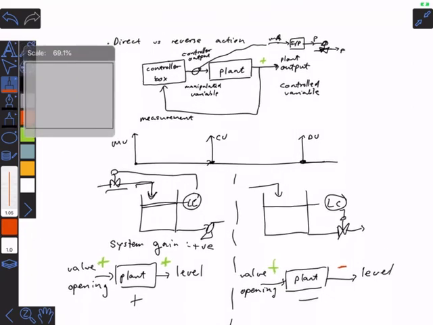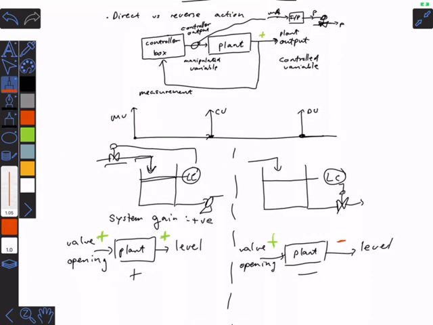And so now we have to ask ourselves, what would the controller action need to be in both of these cases? To understand the controller action, again, notice I haven't drawn a reference signal comparator. I haven't shown you how we're subtracting any kind of set point. I'm only focusing on this connection. What is connected to the controller is a measurement, and what is coming from the controller is an output.